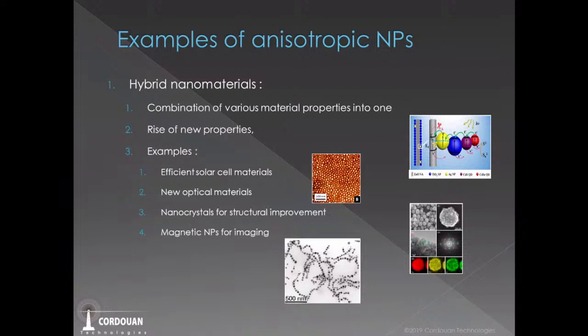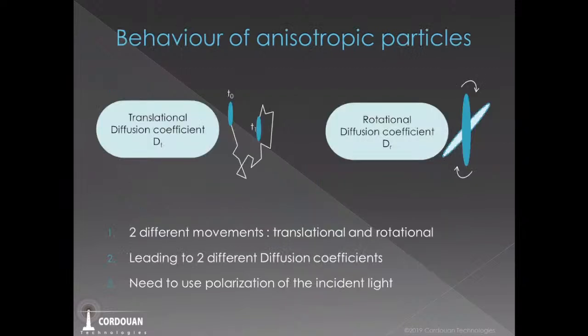So you need to have very strange nanoparticles with a specific length and width. And you have nanocrystals with different growing nanocrystals, like this for imaging. So more and more, we are talking about what we call advanced materials, new materials coming from these anisotropic nanoparticles. So it's really time to consider these anisotropic nanoparticles and try to be able to characterize them.